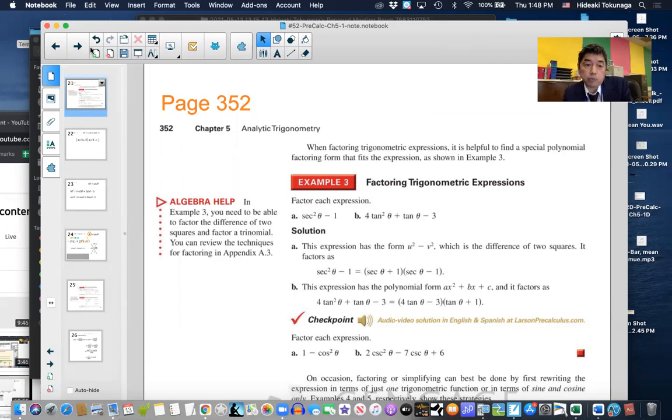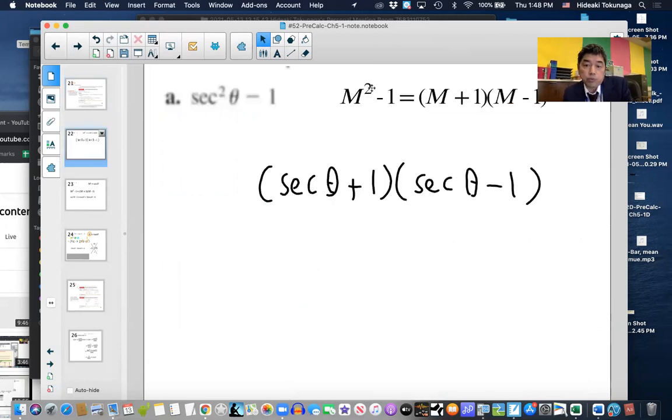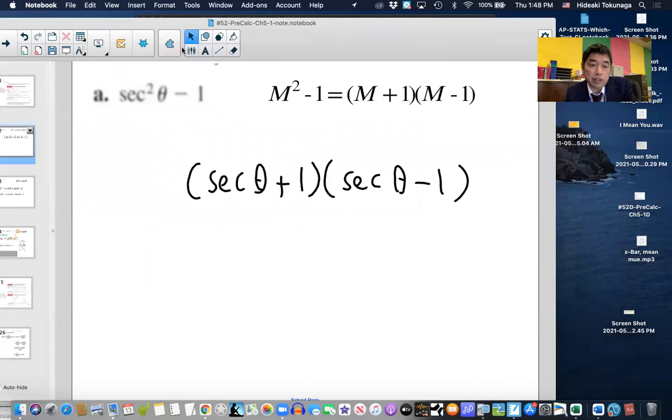So this is what we did. It's the difference of two squares, so we rewrite it as M plus 1 and M minus 1. Since this one is secant, M represents secant theta. So it's secant theta plus 1 and secant theta minus 1. Let me write this down, it might be easier for you to see.